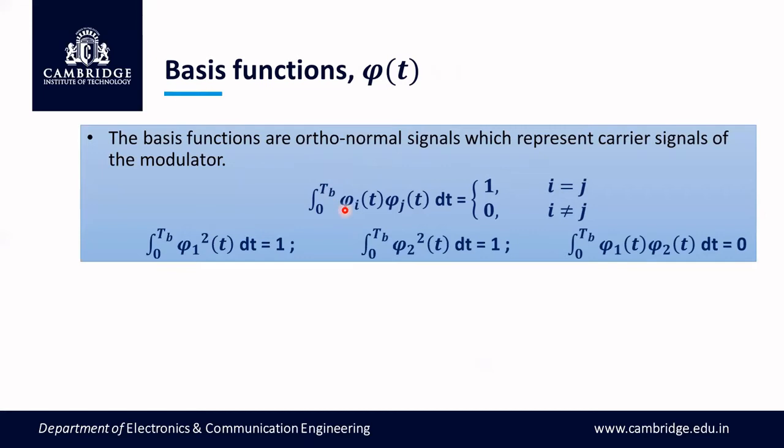According to this, if the basis functions phi i of t and phi j of t are multiplied and integrated over one symbol duration, you will get two different values, either 1 or 0. That is, if i is not equal to j, the integral is 0. Different basis functions of the carrier signal are orthogonal to each other, where i is not equal to j.